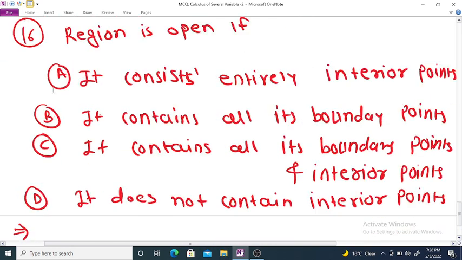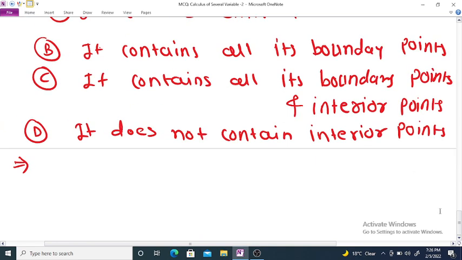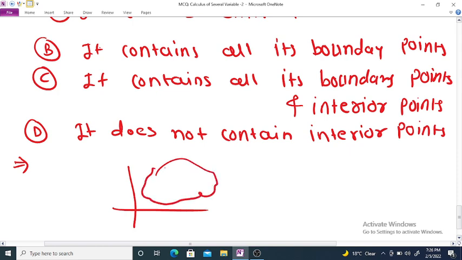Here we want to determine whether a given region is open. What is the definition? If you consider this region and any point in it, this point is called an interior point, because if we draw a small neighborhood around this point, all its points lie in that region.